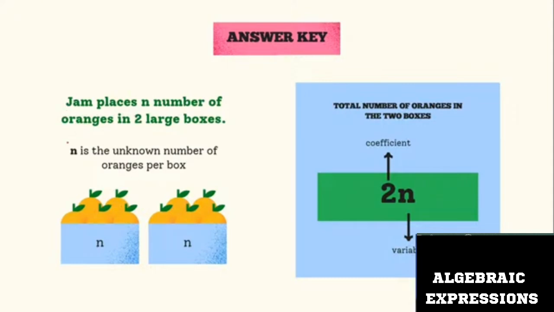So what we can do here is multiply 2 by n, or just say n plus n, which is equal to 2n. Now, in this expression 2n, 2 is the coefficient because it is the number, whereas n is the variable because it is the letter or symbol.